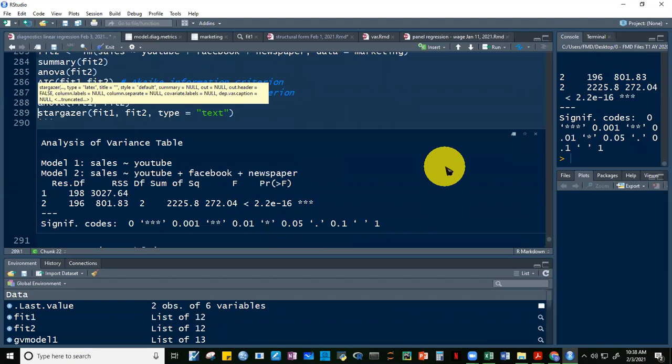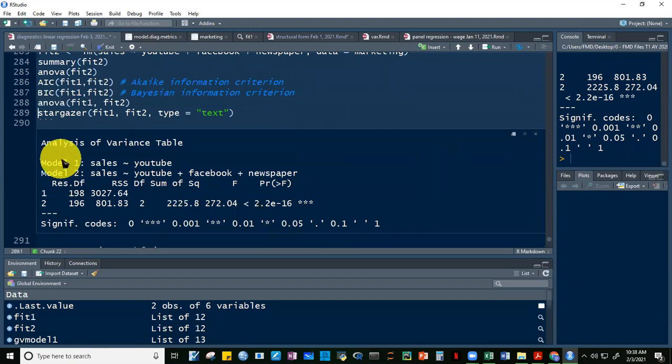Okay. Si model 1, sales regression YouTube. Si model 2, sales regression YouTube, Facebook, and newspaper. Okay. Ano yung null hypothesis natin dito?